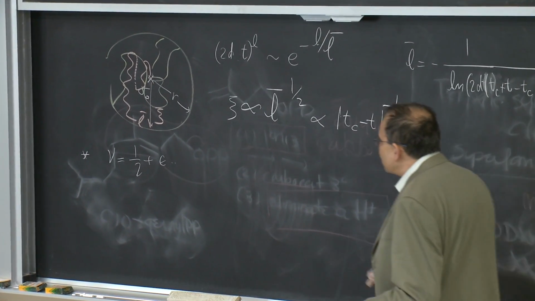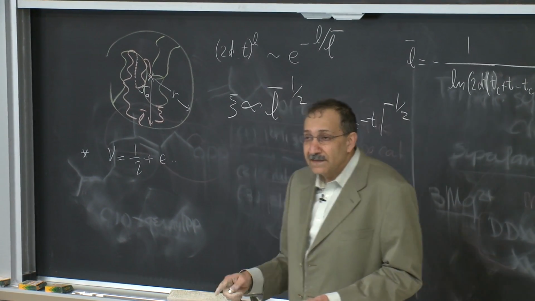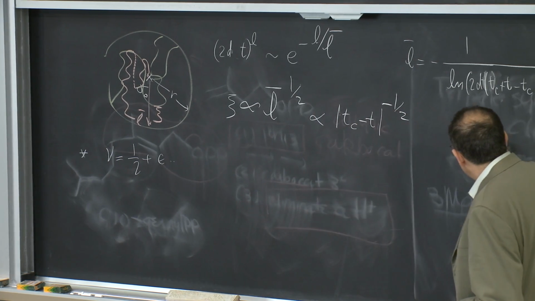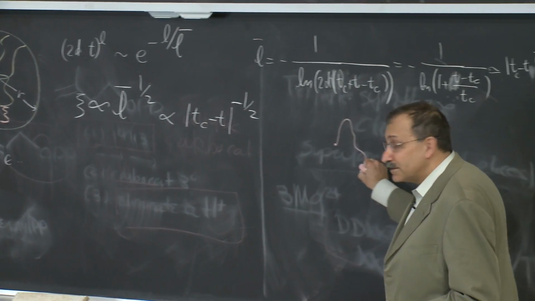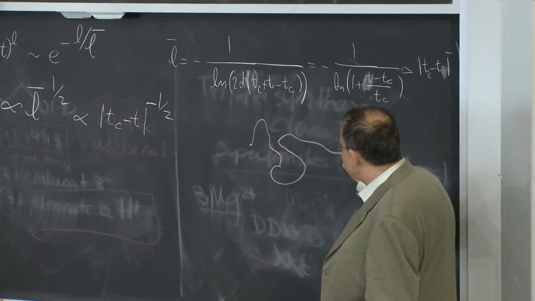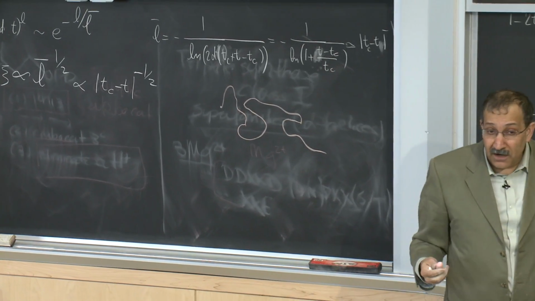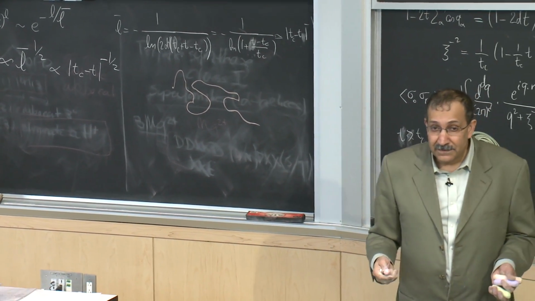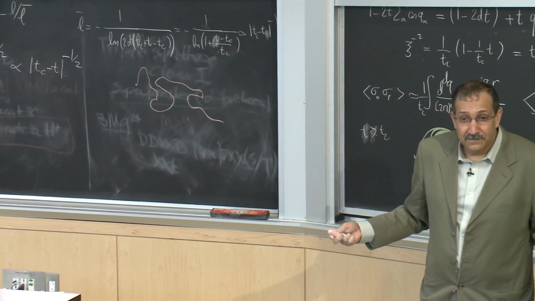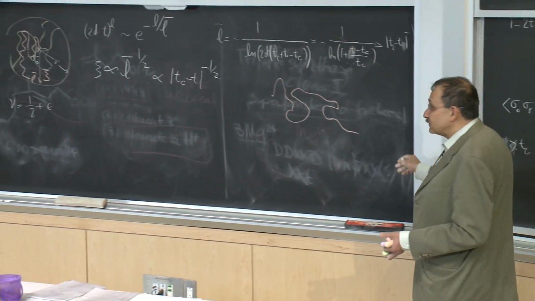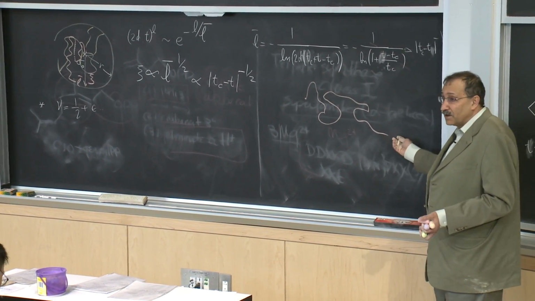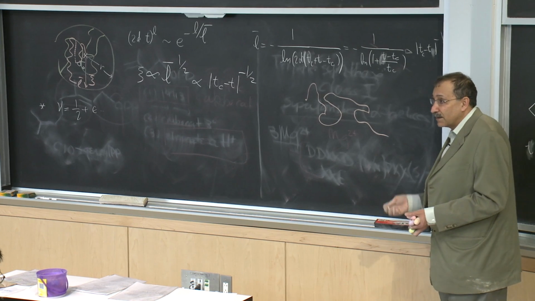Well, if you have these paths, and the paths cannot cross each other, it comes here, it has to go further away, because they are really non-phantom, then they will swell. So the exponent nu that you expect to get will be larger than 1/2. So that's what's captured here.